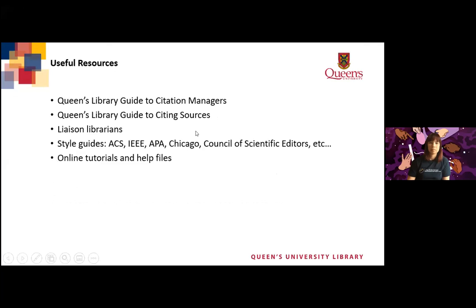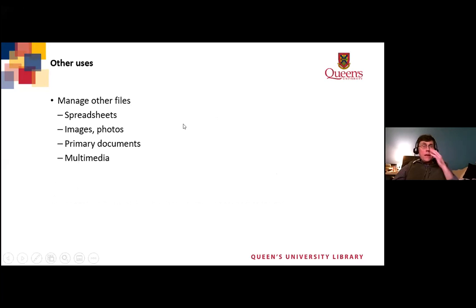Okay, let me just wrap up quickly. In addition to using citation managers to manage documents, you could use them to manage other file types: spreadsheets, photos or image libraries, primary documents, or even multimedia, if you had movie files.